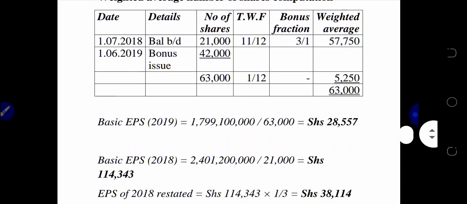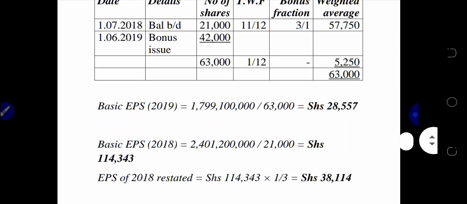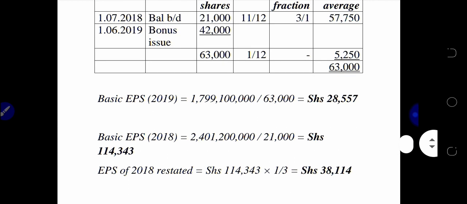So the time weighting factor is 1 over 12. Bonus fraction, we don't need to show the bonus fraction because now these shares are after the bonus issue of shares. You come to 5,250 shares. When you add the 5,250 to the 57,750, you come to 63,000 shares.